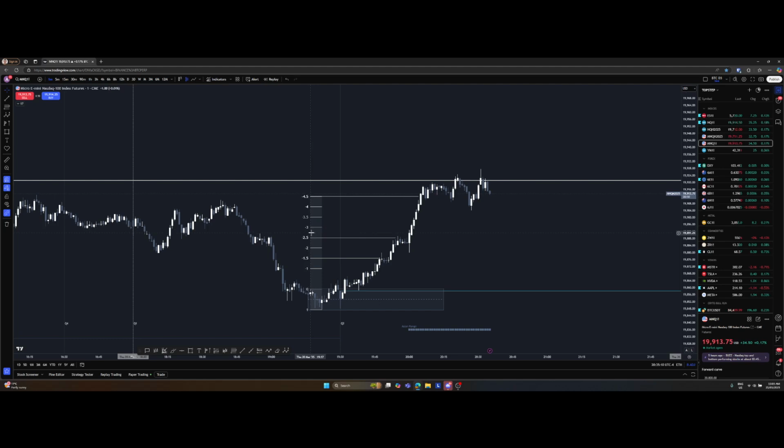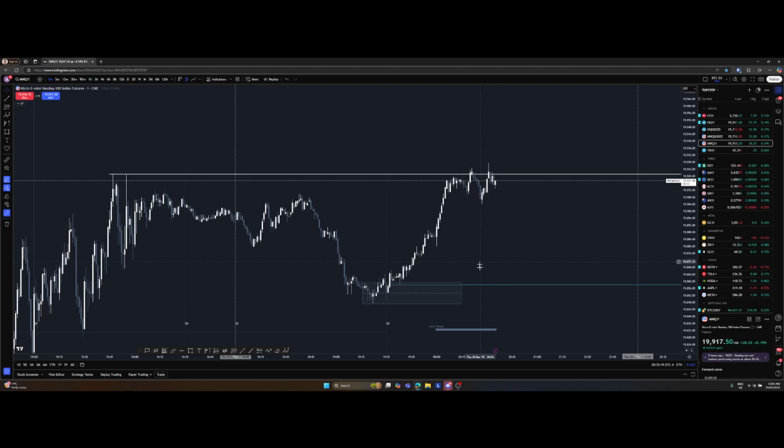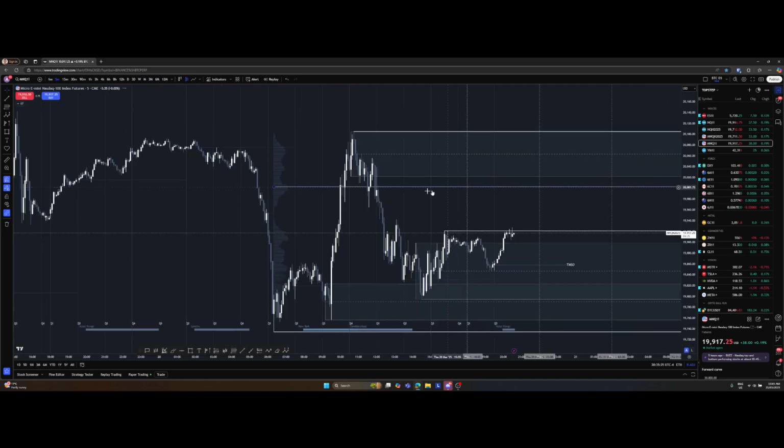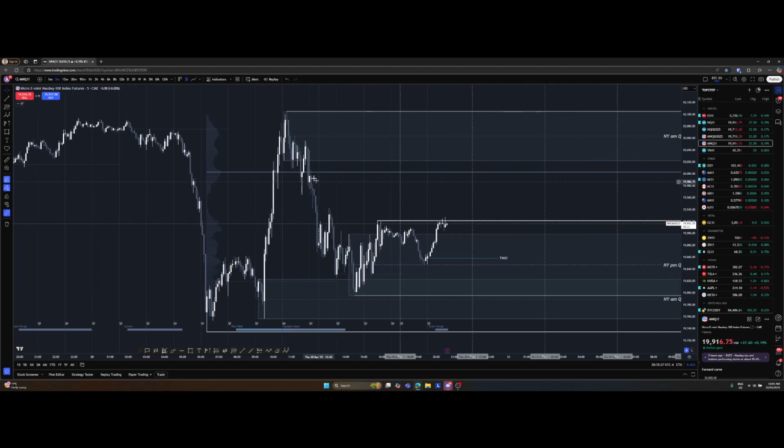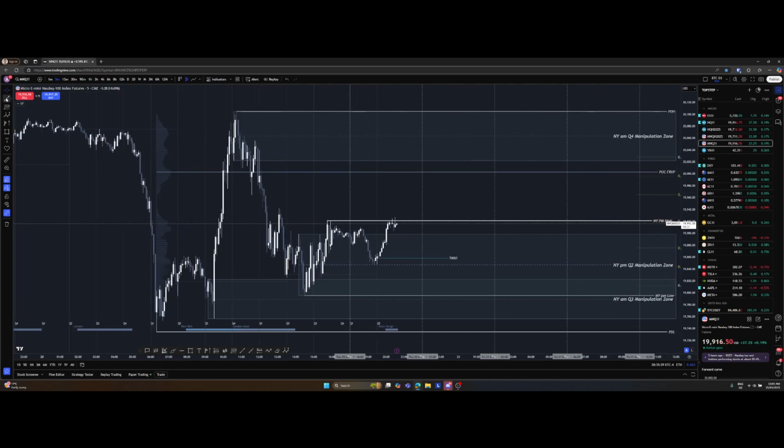Looking at the 105 candle. From up here, sorry, hadn't put that one on.